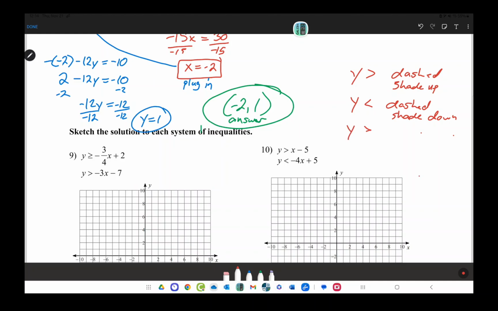Y is greater than or equal to, it is solid. You shade up. Y is less than or equal to, it is solid. You shade down. Depending on what side I have, I know if it's solid or dash, shade up or shade down.